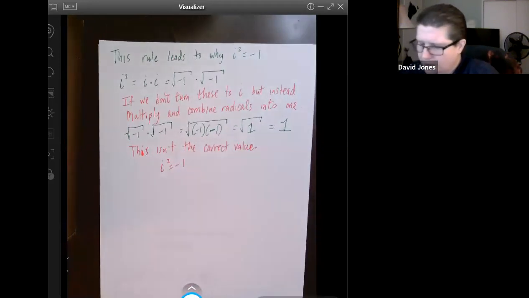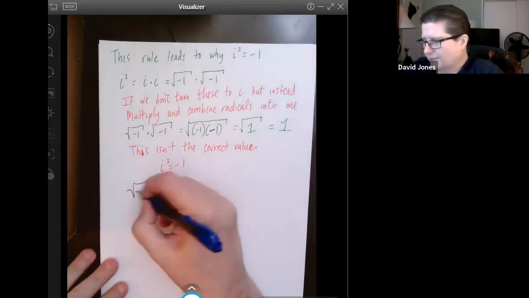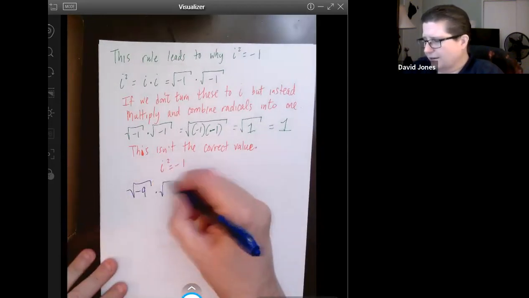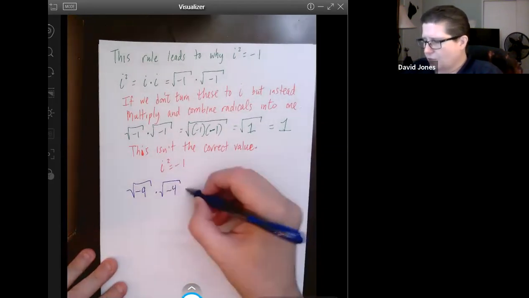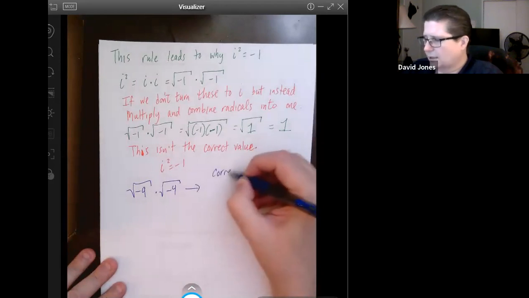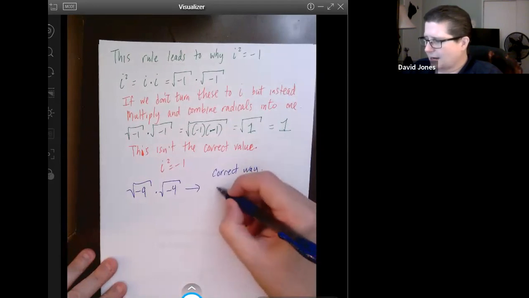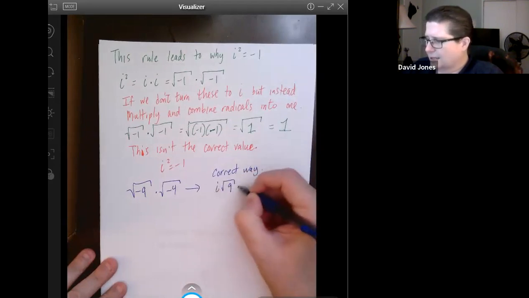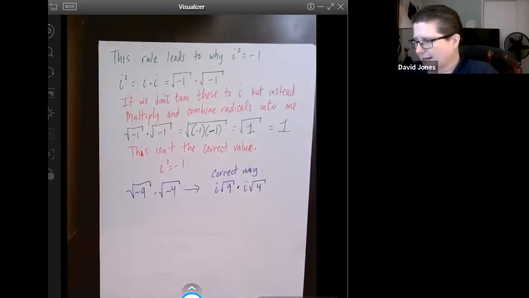So where this applies in other things, if we have something like the square root of -9 times the square root of -4, the correct way is treating this as i root 9 times i root 4, by pulling out the negative sign and making it an i.